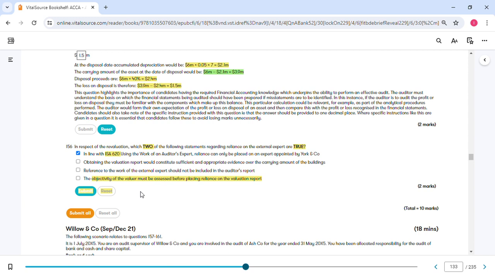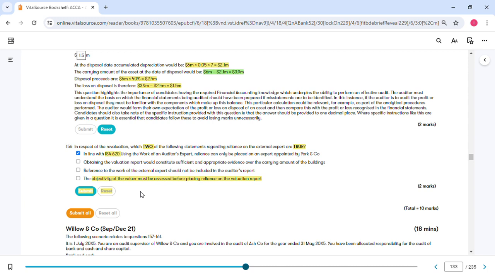The answer is in line with ISA 370: reliance can only be placed on the expert appointed by the auditor. The auditor has to appoint, the client should not. The auditor can appoint an expert with the client's permission, by default. Just obtaining the report is not reliance.